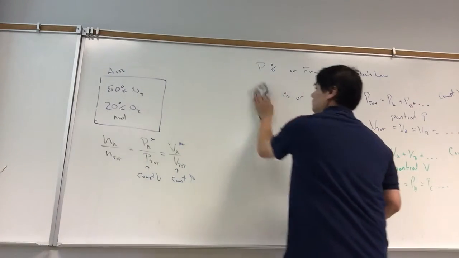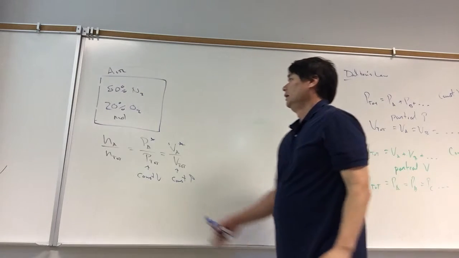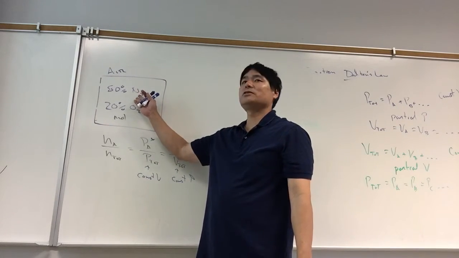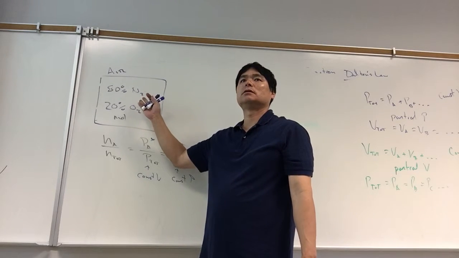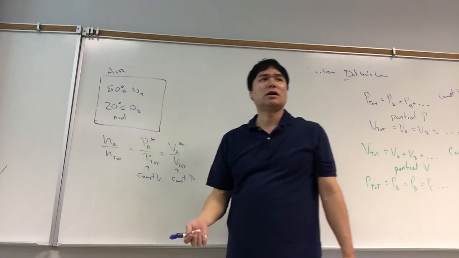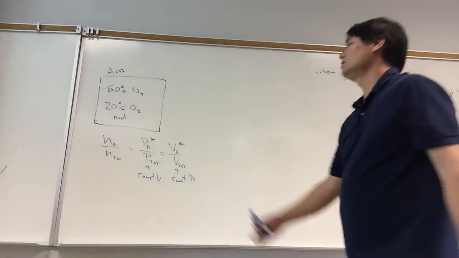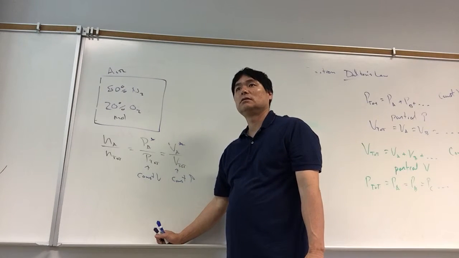But somebody might ask you, if you have 100 moles, then you got 20 moles of oxygen and 80 moles of nitrogen. That's easy. If you have 100 liters, how many liters of oxygen do you have? If I have 100 liters of air, how many liters of oxygen are there?